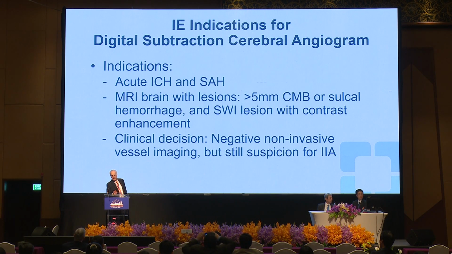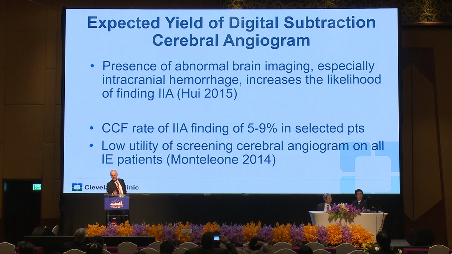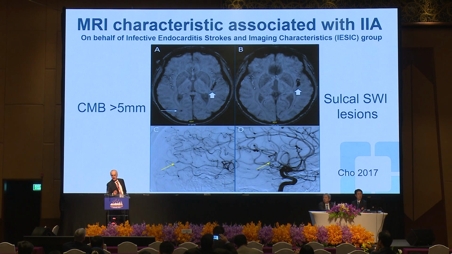So we do digital subtraction cerebral angiogram if they have significant bleeding in the brain, but still the yield is not that high. To repeat, our rate of finding infectious aneurysm has been 5 to 9% in the patients we actually bring to subtraction angiograms. But we still think that there is a fairly low utility in screening everybody with stroke.